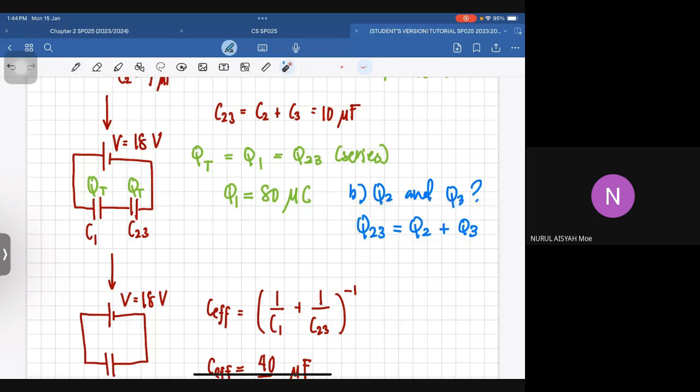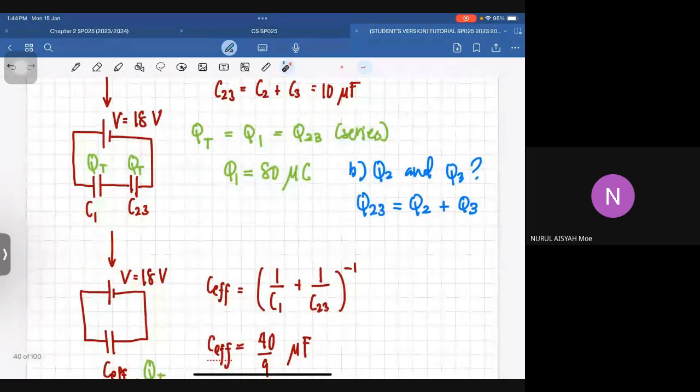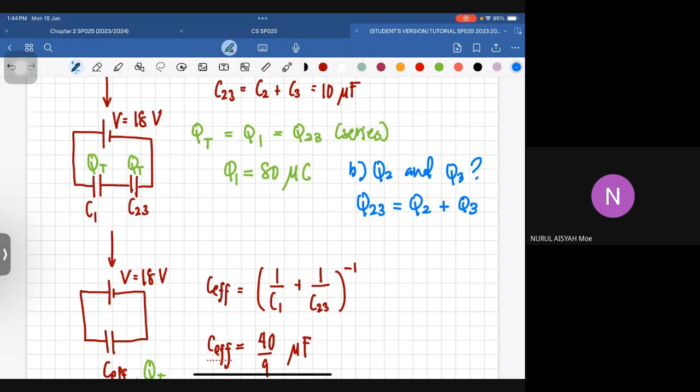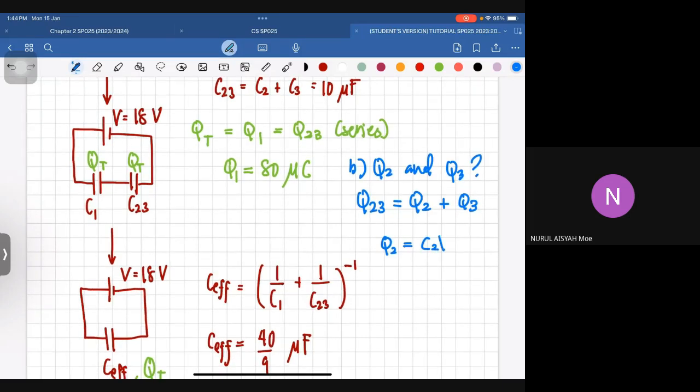Okay, so now we have to find it based on the formula. If I use the formula for Q2, we know Q is equal to CV. So we just have to find C2 and V2. Since we already have capacitor 2's value, we just have to find V2. It's the same for Q3, which is C3 V3. Meaning from here we can't do anything because we have two unknowns.